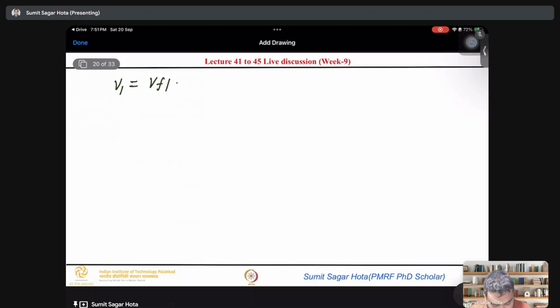V1 equal to Vf1 is equal to Vf2 is 150 meter per second. Okay.